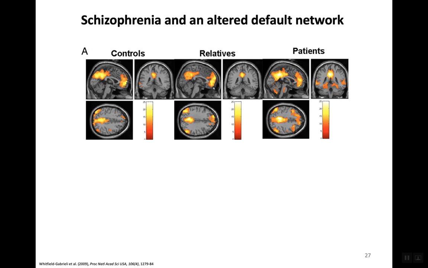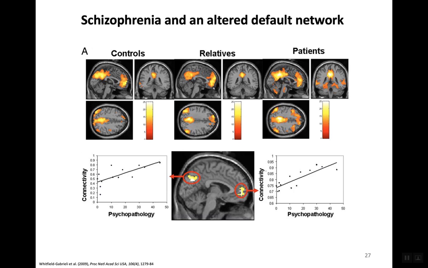So based on this, it appears that part of the answer to understanding schizophrenia is a hyperactivity of regions of the default network.